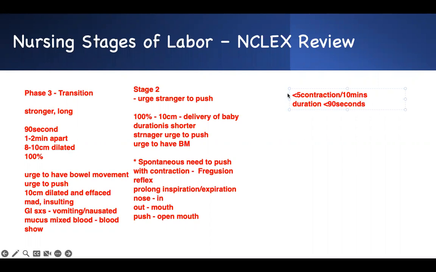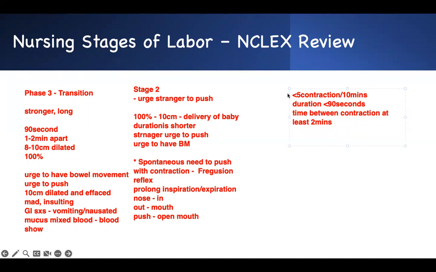That's the maximum. And for the frequency, the time between contractions, you need at least 2 minutes. These numbers you have to know, because if they give you fetal heart monitoring information with the contractions, you have to be able to read it.